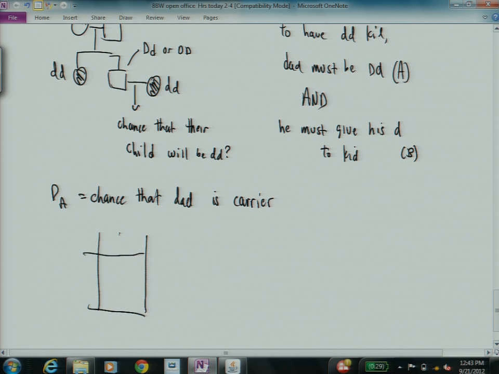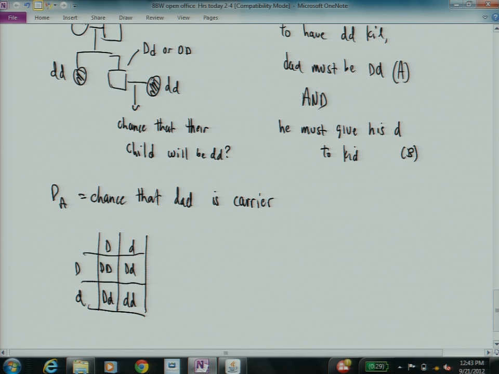Big D, little d, big D, little d: big D big D, big D little d, little d big D, little d little d. You might be tempted to say that the chance that dad is a carrier is 1/2, because half of those squares are big D, little d.